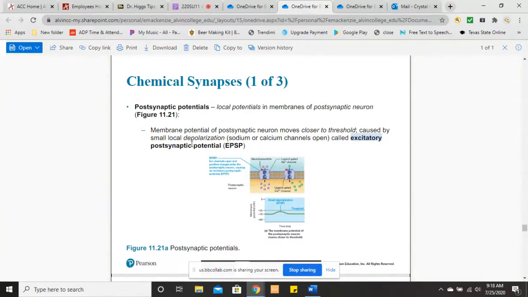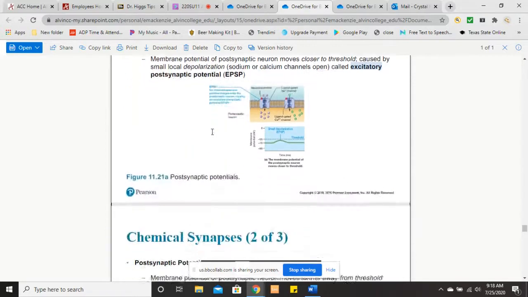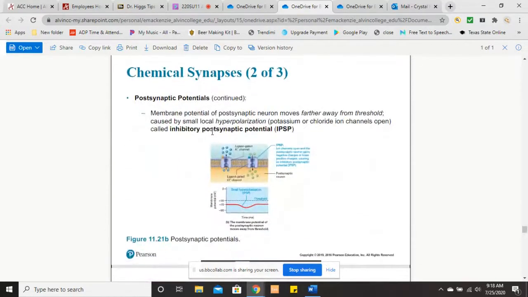So whenever you generate an excitatory postsynaptic potential, you're getting pulled towards threshold so that you could do depolarization and make your action potential. So you tend to see this when you get an excitatory signal. But sometimes some neurotransmitters tell you to stop doing something. Sometimes you get an inhibitory neurotransmitter. And in that case, you're going to generate an inhibitory postsynaptic potential.